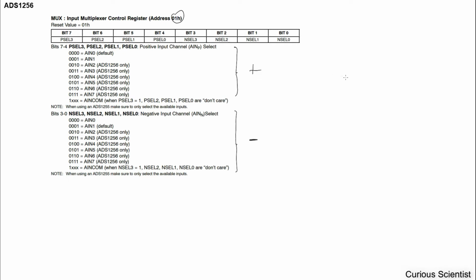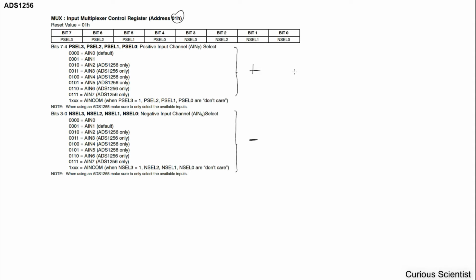And now you can have 2 options. You can see that you can define all these legs as positive, and here also you can define all of these as negative.